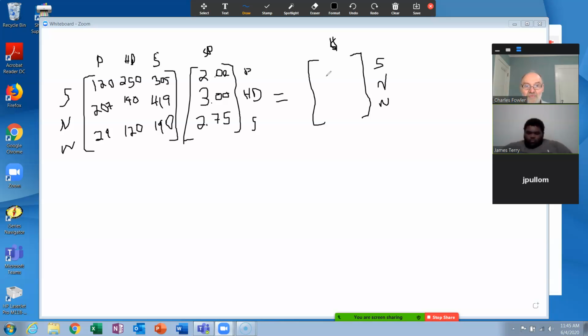Okay. Now notice what's happening here. You multiply every row here by every element in this column here. Every row here by the elements in this column. So what's required, and by the way, look at these two matrices. They aren't the same size at all, are they?